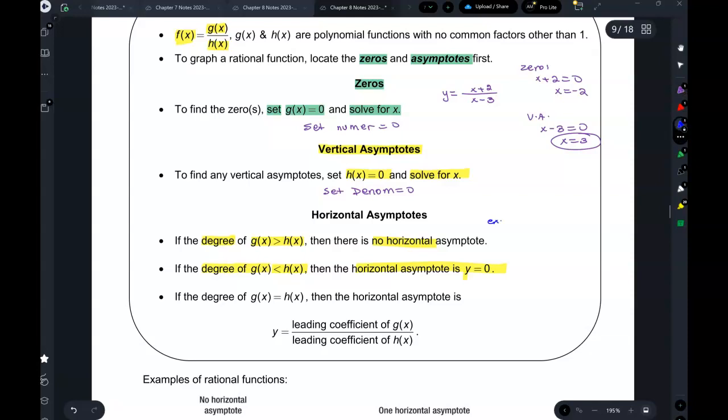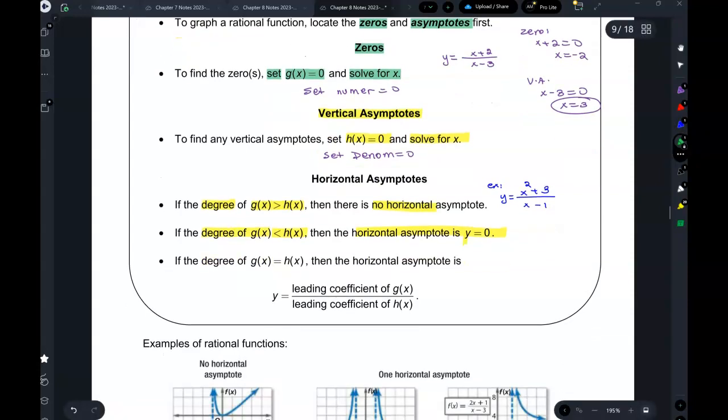So for example, for the first one, suppose I have y equals x squared plus 3 over x minus 1. Okay, what is the degree of the numerator? 2. What is the degree of the denominator? 1. Because it's higher degree on top, there is no horizontal asymptote.